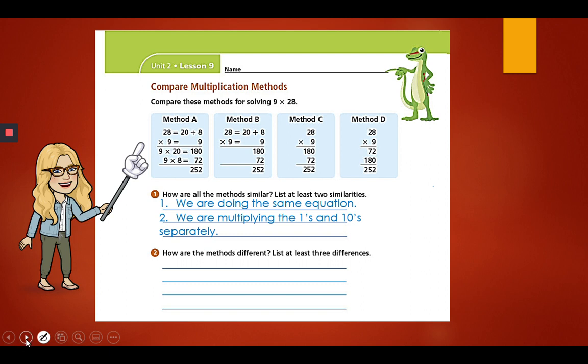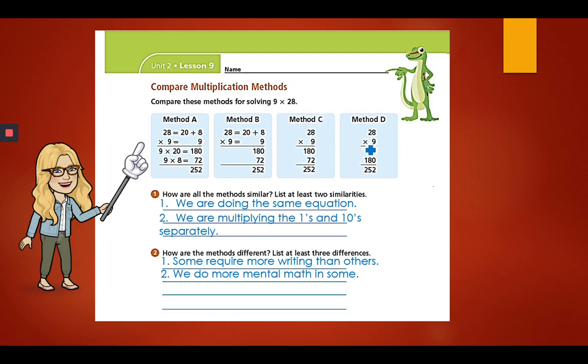So one way I thought that they were different is that some of them required a lot more writing than others. And you can just see that. I mean, this is a lot more writing than these. The next way I thought they were different is that we do more mental math in some.